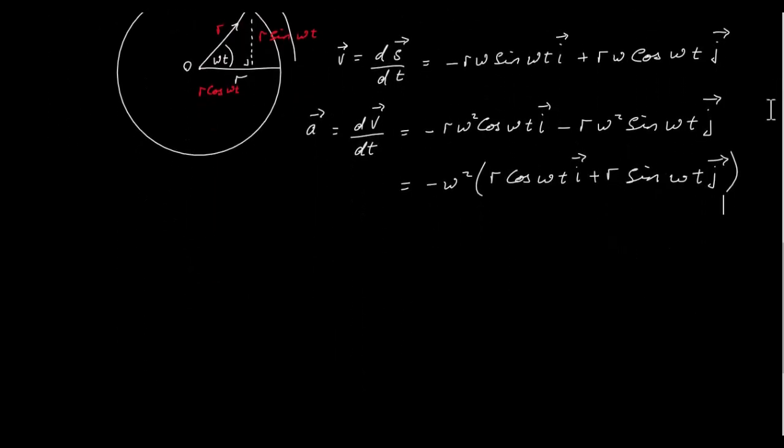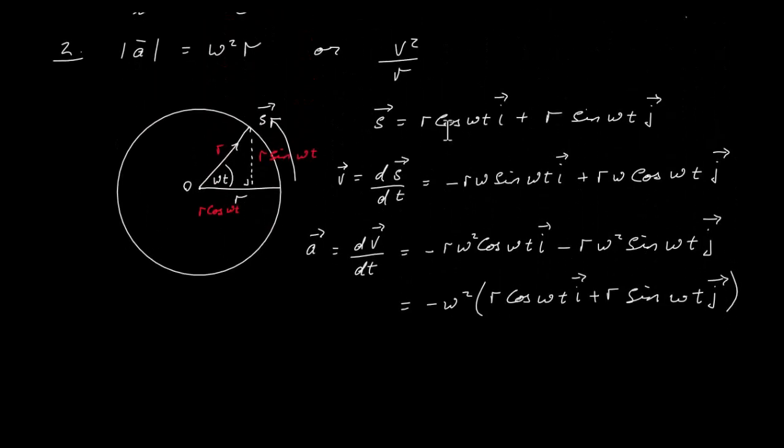We can see here that inside the bracket is just a displacement vector. If we go back up, we can see the displacement vector is r cos omega t i plus r sine omega t j, and that's what we have inside our bracket. So let's just replace that. So we've got minus omega squared times our s, our displacement vector.